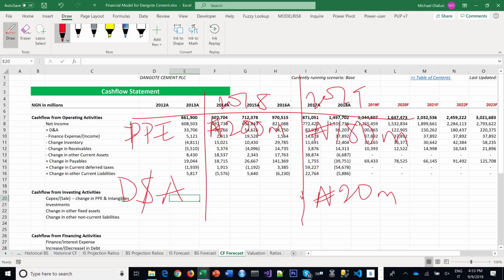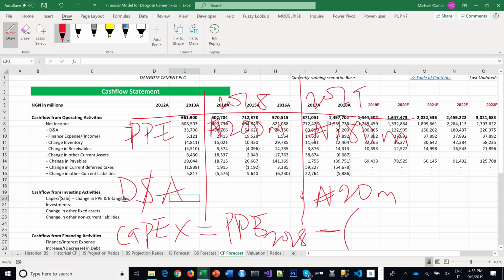So for me to correctly see changes, whether we spend more money to buy new assets, when I'm doing the minusing, the change in PP&E, it's going to be last year minus, so it's going to be PP&E in 2018 minus PP&E in 2019 plus D&A in 2019, right?